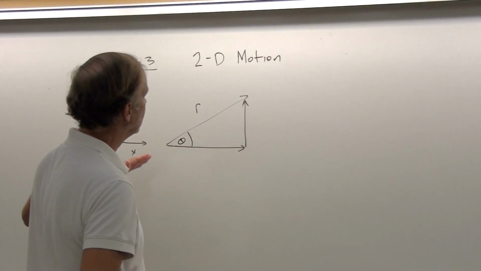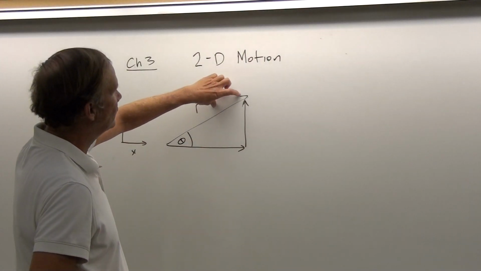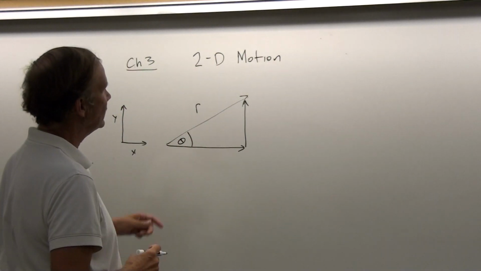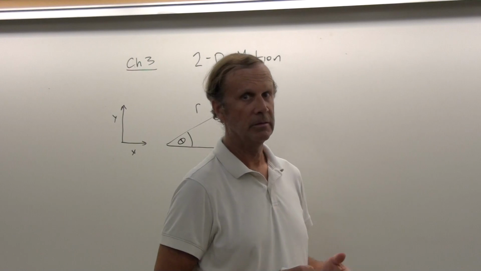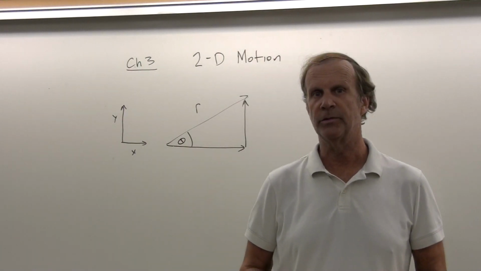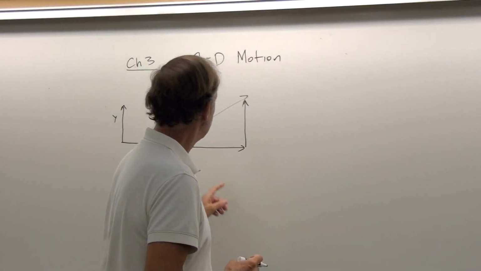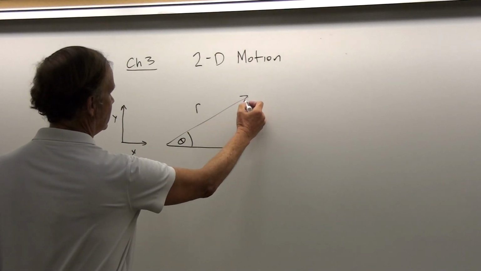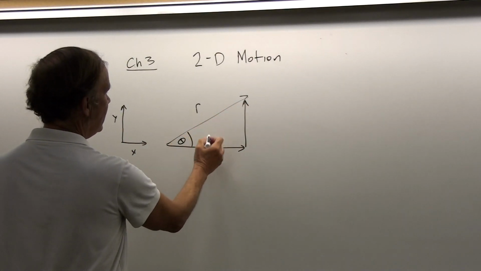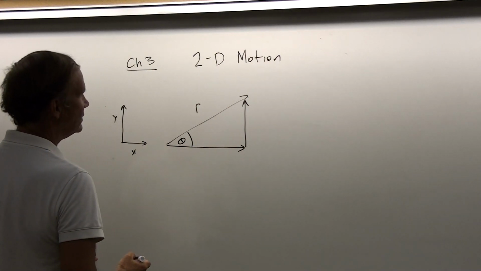So here, the magnitude of the vector r, and this could be a velocity vector or an acceleration vector too. It doesn't necessarily just need to be a position vector. But in this case it is. And so we have this direction then defined by theta, measured from the x-axis.